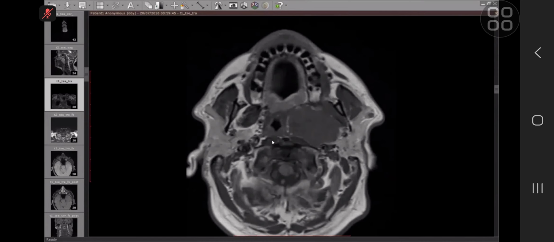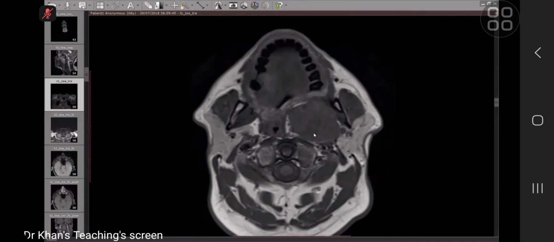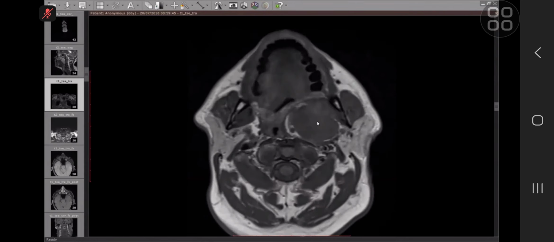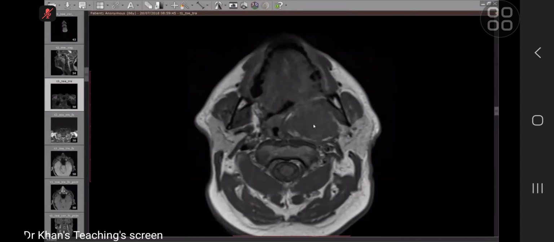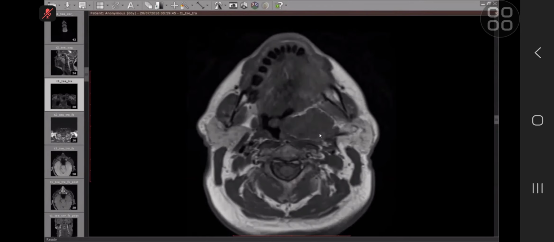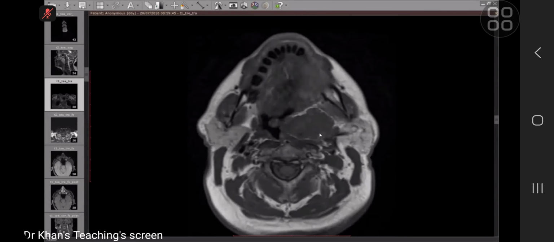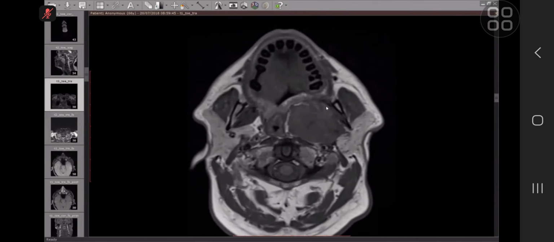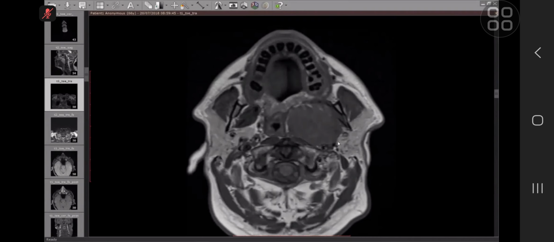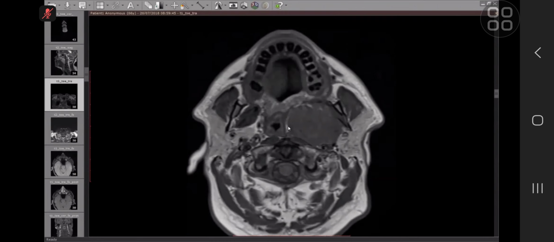So there is a well-defined, homogeneously isointense on this T1 weighted imaging sequence, mass lesion, which is centered at the left parapharyngeal space with extension anteriorly towards the masticator space and slightly indents on the carotid space, which is displaced posteriorly, and on the deep lobe of the parotid gland.